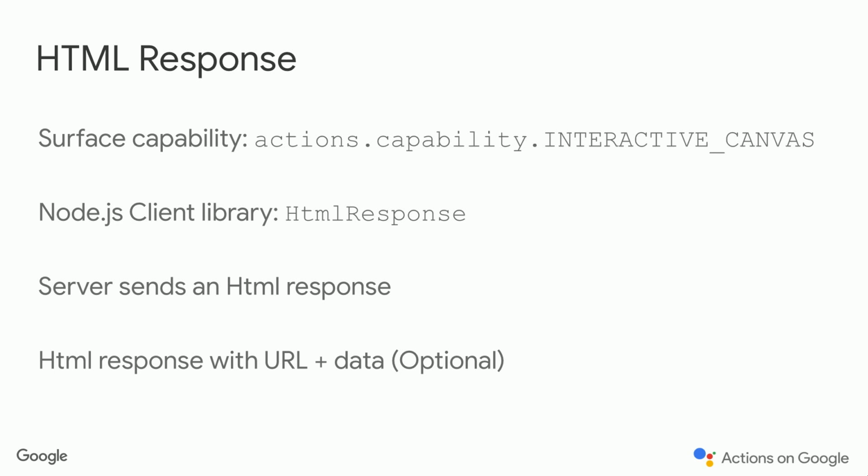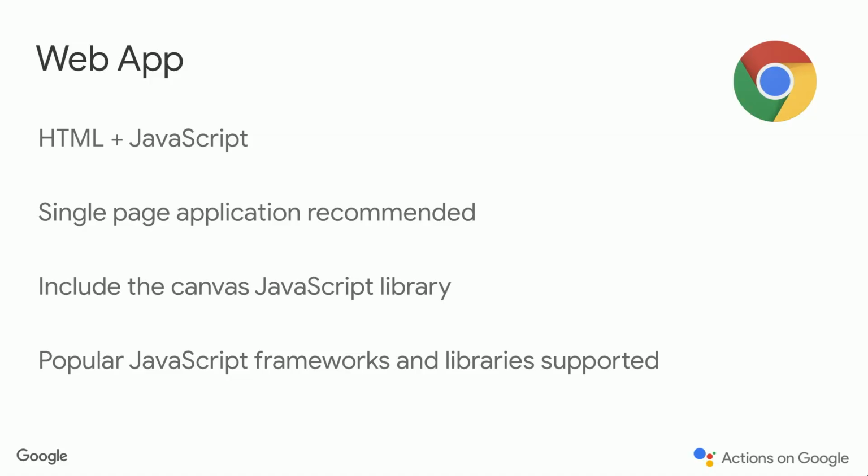And like I mentioned earlier, the major purpose of HTML response is to let the device know where to fetch the web page, and also sending additional data, like what kind of animation to play on the front end. For the web app, we highly recommend you to use SPA to avoid any flickering on the device. And any popular framework like Angular, React, it works.